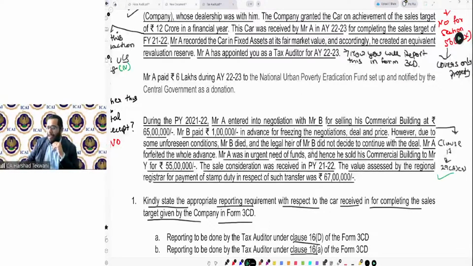Any other clause that we have discussed till now? Any other asset that we have, any other clause that we have discussed till now? From Harshad PC. Other than clause 17 and 29AA, is there any other clause where we will report?